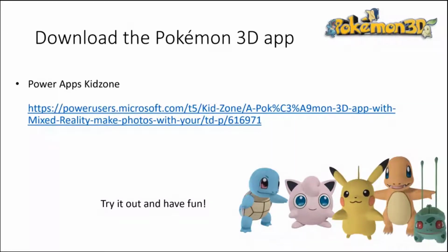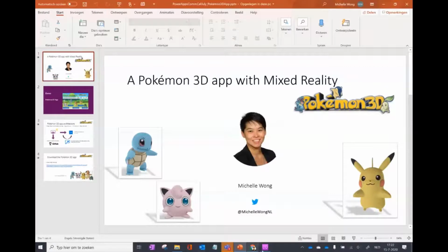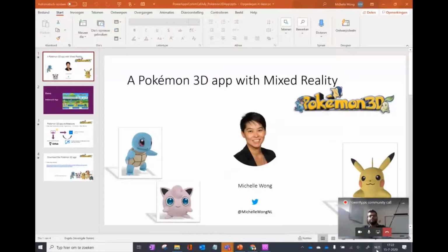I will share it in the chat, so you can download this app and give it a try. I hope you have fun playing around with this app, and share some photos that you have taken together with your kids or family or outside anywhere. Yeah, I hope you like this.